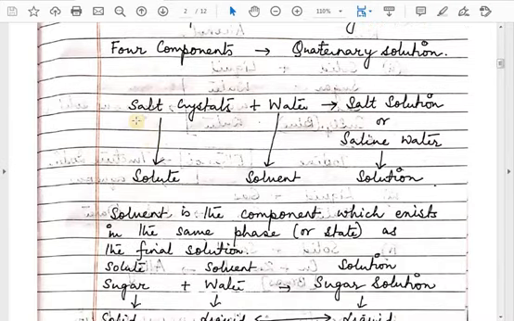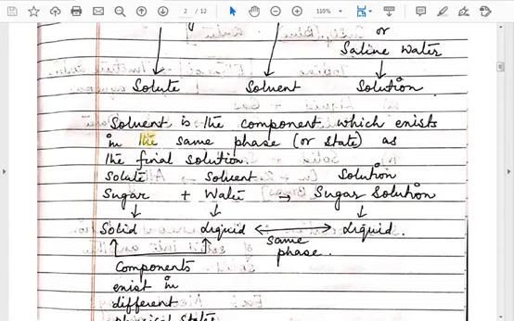Now if you have salt crystals and water, you will get salt solution or saline water. Salt crystals are the solute, water is the solvent, and salt solution is the solution. You can see here water is a liquid and the salt solution is a liquid. So the solvent is the component which exists in the same phase.